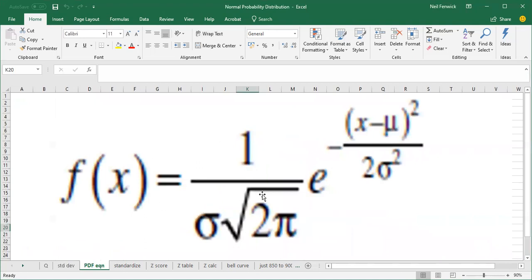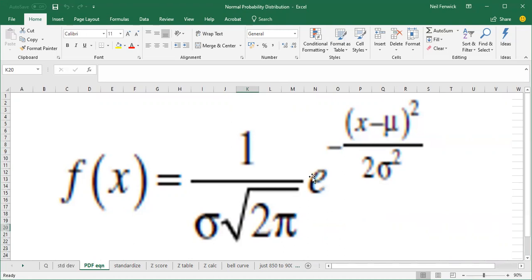There is a mathematical description of the bell curve or the normal distribution curve, which is quite complex, as you can see here. The sigma label here is the standard deviation, with the square root of 2 pi. We have Euler's number here, which is a constant, which relates growth and decay in natural systems.